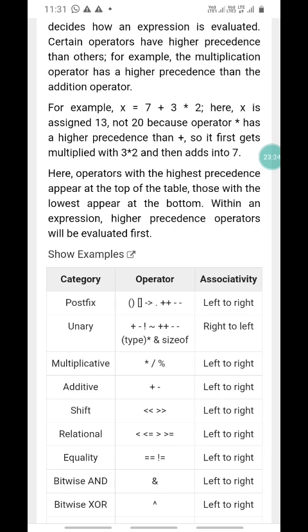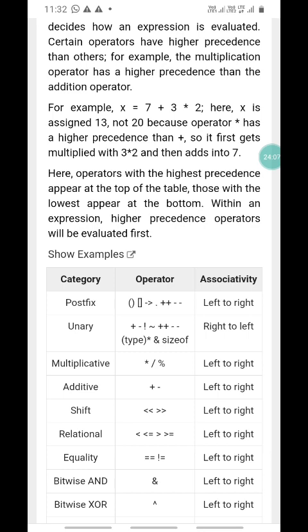Postfix is left to right: brackets, square brackets, arrow, dot, plus plus and minus minus.